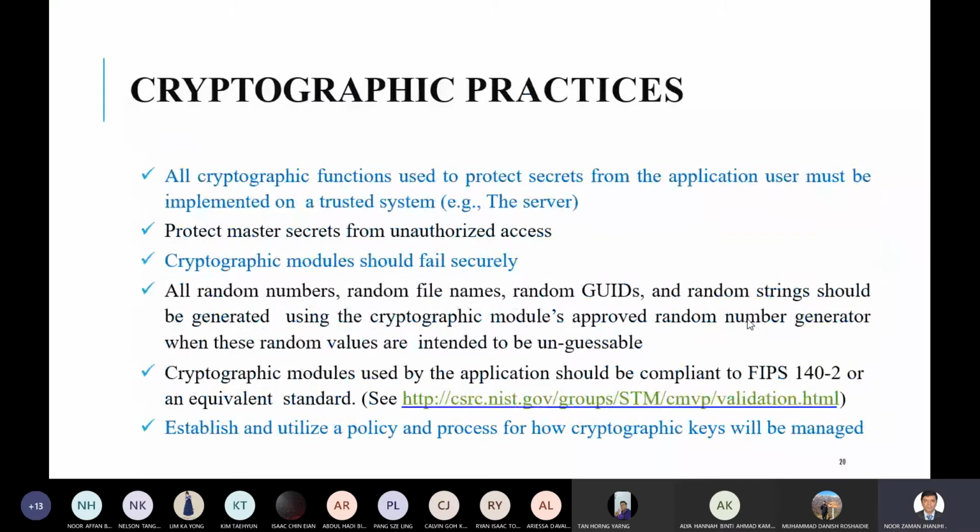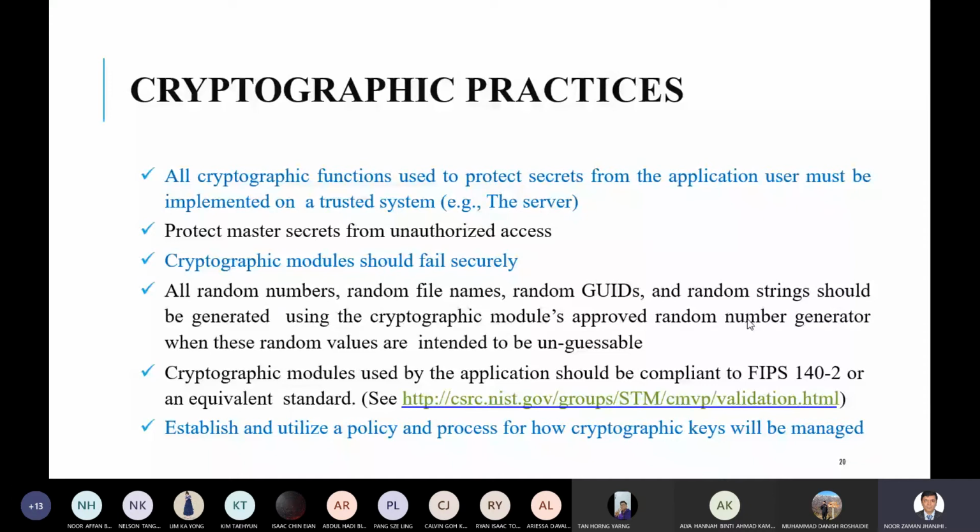So, cryptographic practices. Besides access control, input, output, password management and session management, we also need to know where we can apply these functions. Like you remember, we told you that if we are receiving the passwords of the users, how we are placing them in the tables.